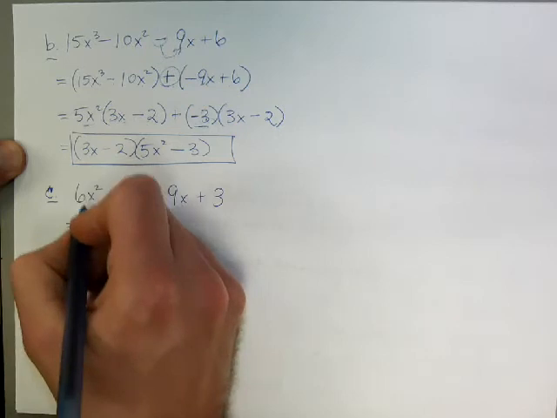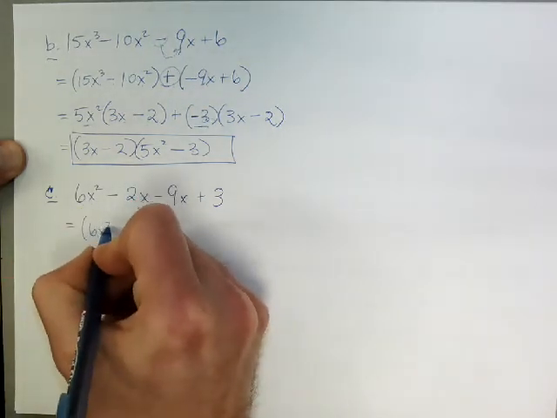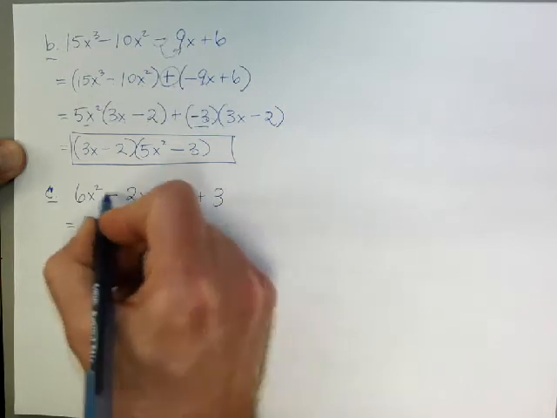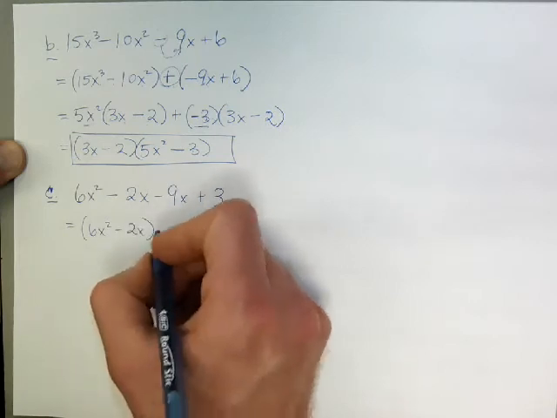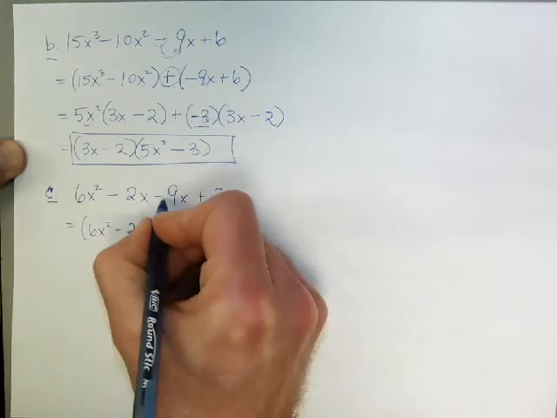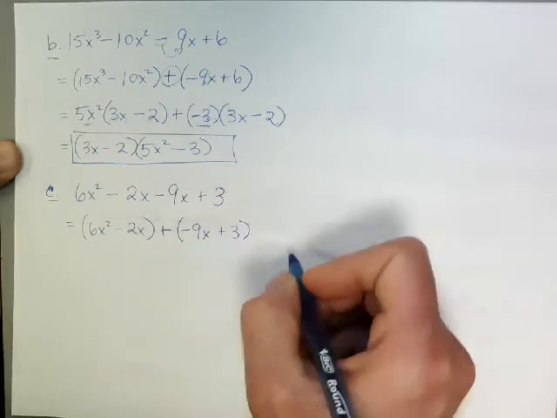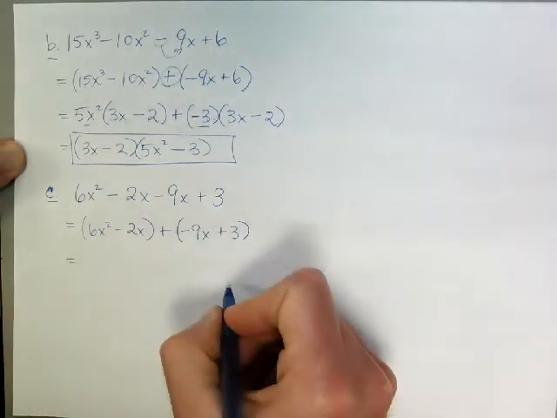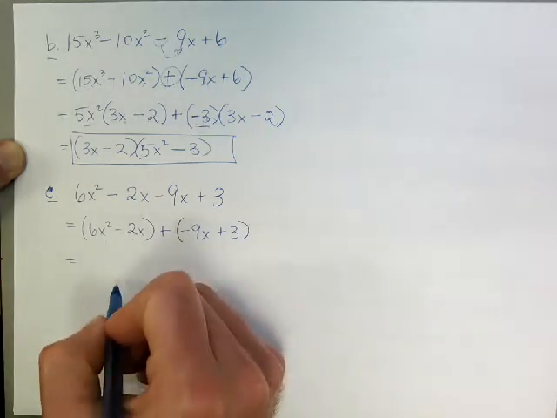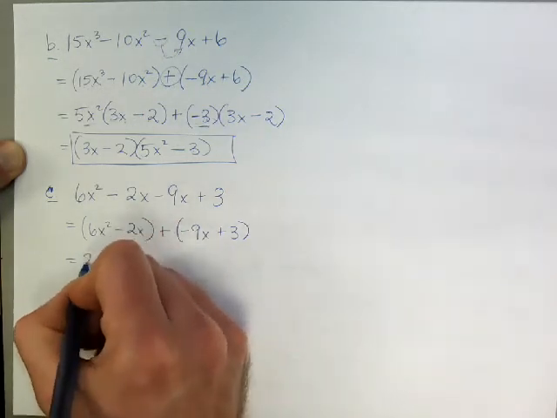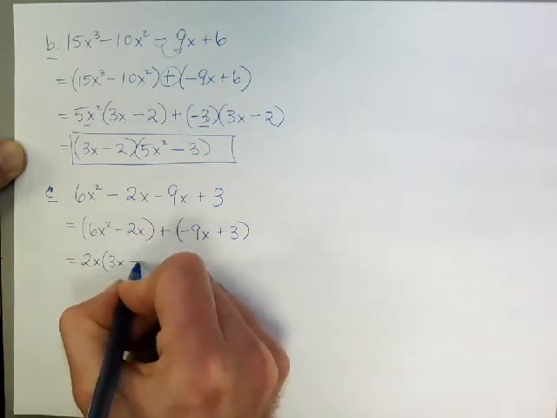All right. So again, making sure that we get them paired correctly. We want to put the 6x squared and the minus 2x in one parenthesis, plus, and then take the negative 9x plus 3, put that in the other parenthesis. Greatest common factor of the 6x squared and the minus 2x is a 2x. So that will leave us with 3x minus 1.